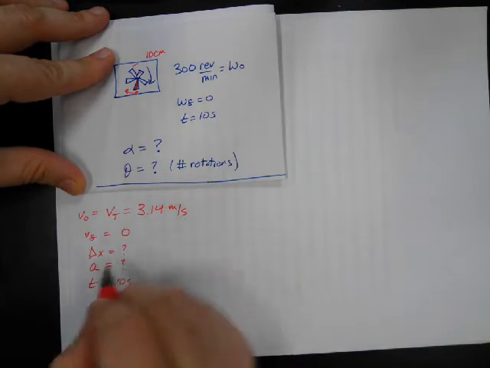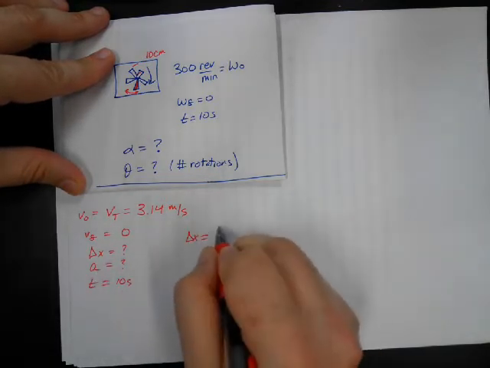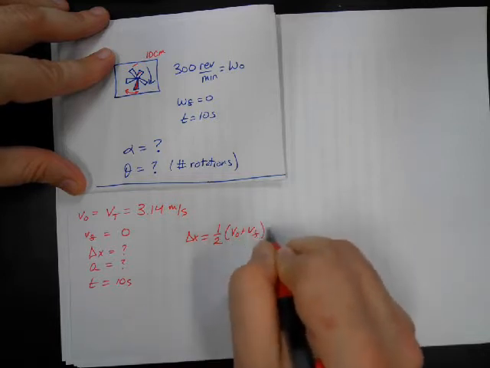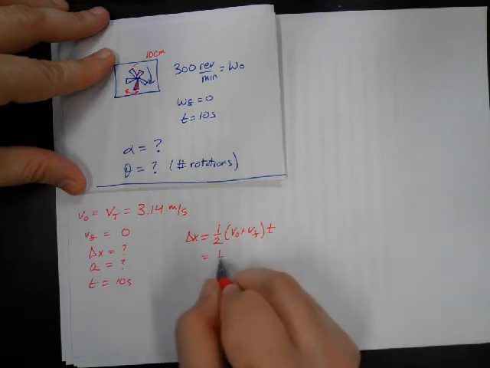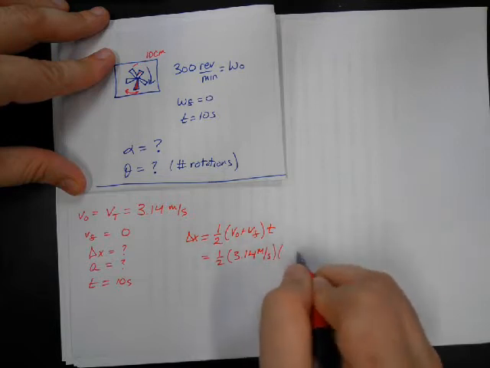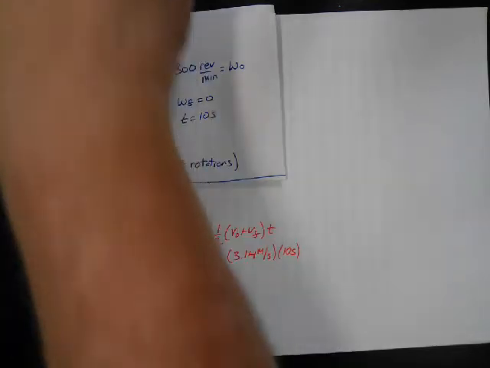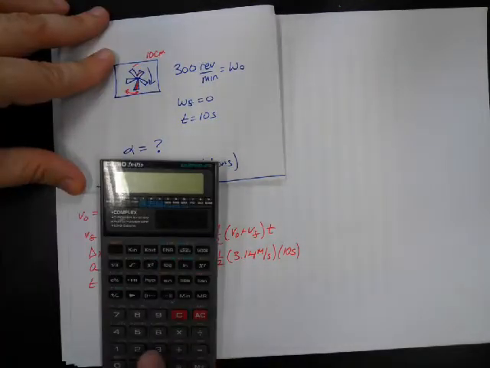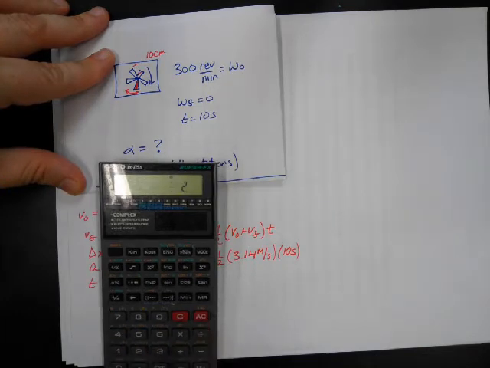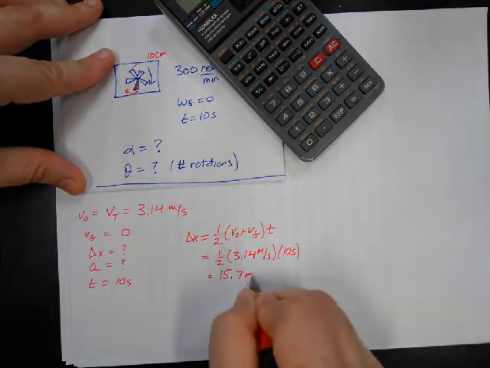We'd say, oh, well, delta x is based on our average velocity times our time, is 1/2 times 3.14 meters per second times 10 seconds. And when you work it out, 3.14 times 10 divided by 2 is 15.7 meters.